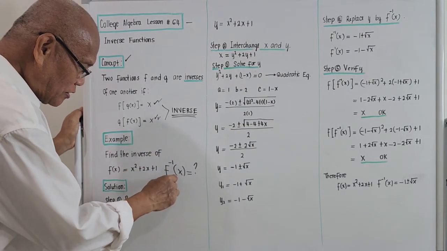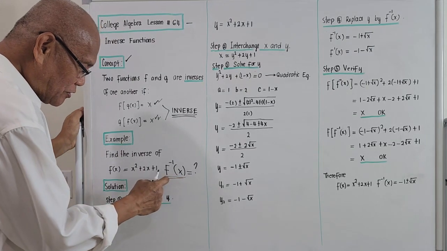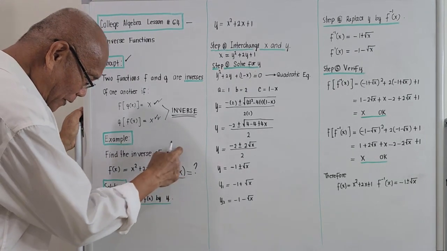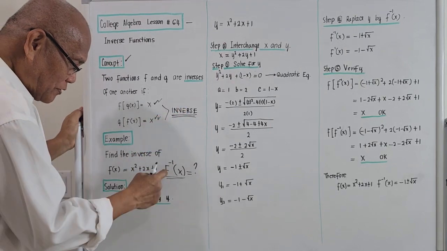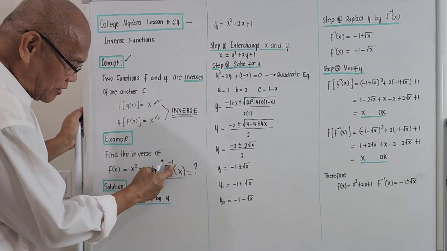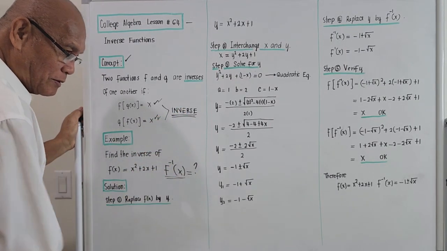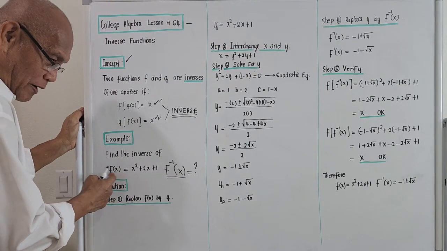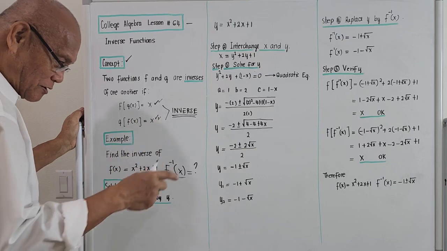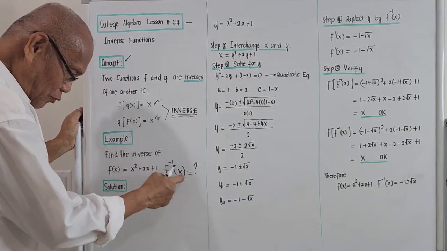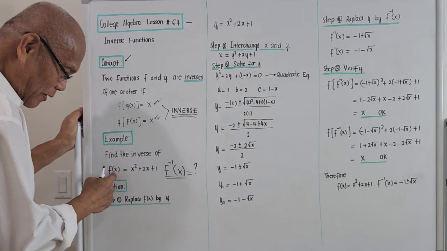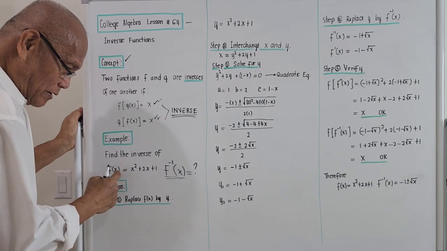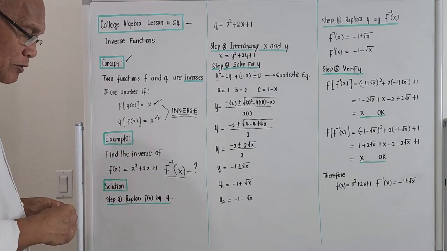So we read this as the inverse function of x. With this negative 1, we read it as inverse function. Without the negative 1, it is simply f of x. The problem is asking what will be f to the negative 1 of x of the given function of x. Let's bring out the solution.